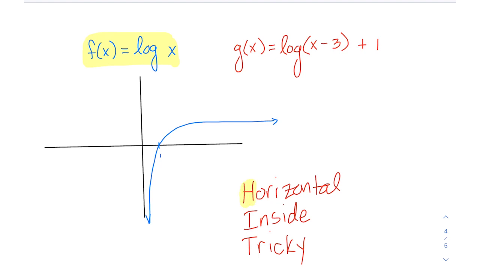So horizontal translations are going to be represented inside of a parentheses, and those are a little bit tricky because they work sometimes counterintuitively to the way that people are expecting them to work.